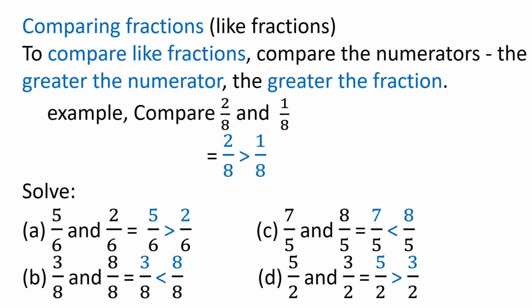Compare 3 upon 8 and 8 upon 8. 8 being the bigger number, 3 upon 8 is less than 8 upon 8. 7 upon 5 and 8 upon 5. 7 being the smaller number, 7 upon 5 is less than 8 upon 5. And finally 5 upon 2 and 3 upon 2. 5 being the bigger number, 5 upon 2 is greater than 3 upon 2.